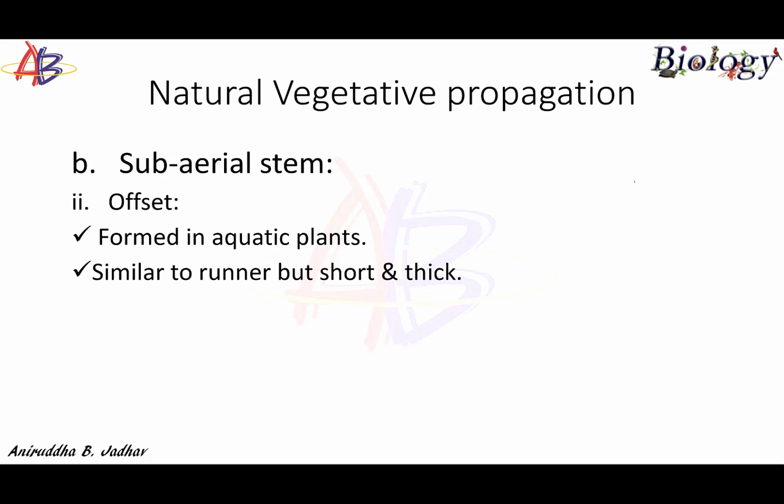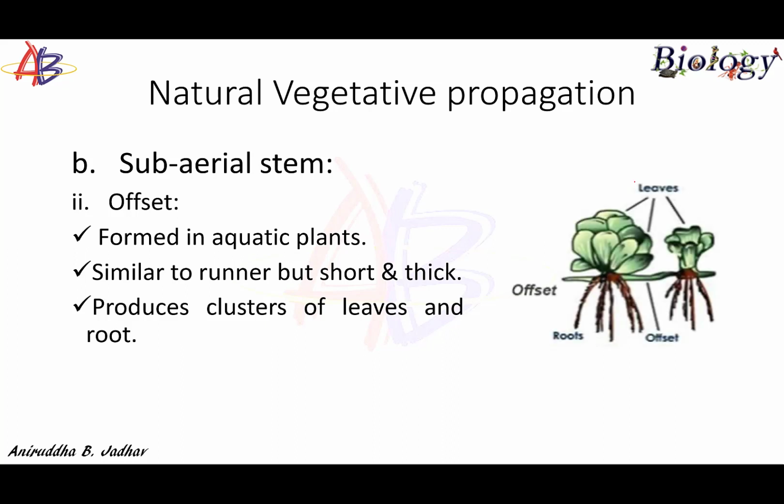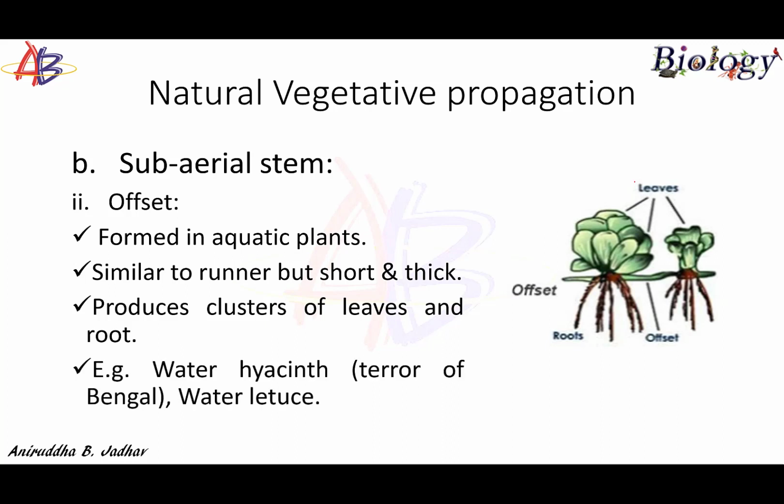An offset produces clusters of leaves above and clusters of roots below its axis. Breaking of the offset helps in propagation of plants, and this mechanism we generally observe in plants like water hyacinth. Examples include water hyacinth and water lettuce.